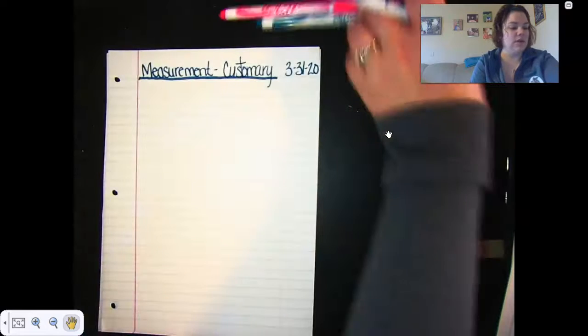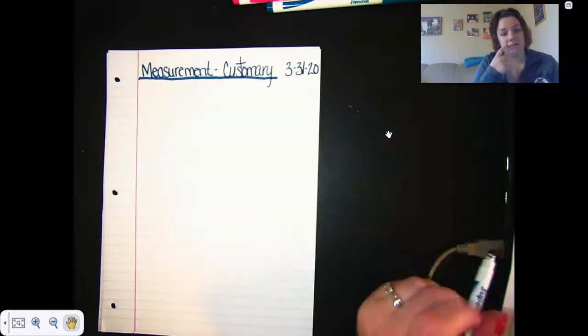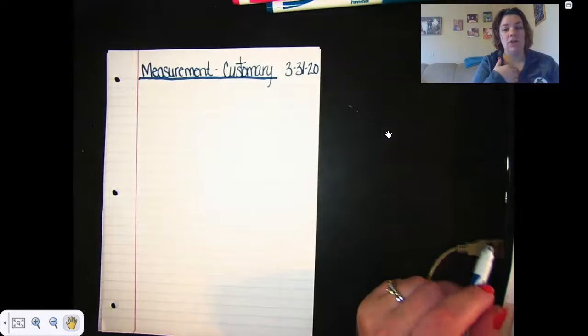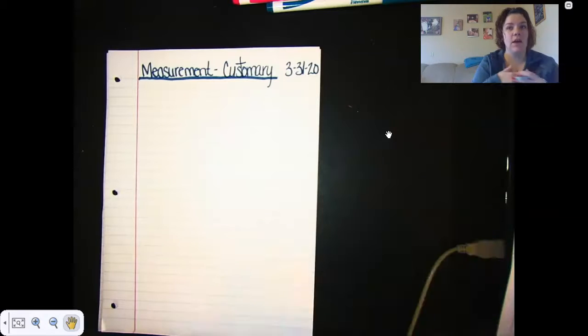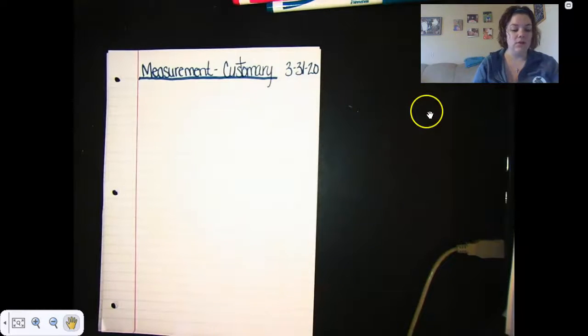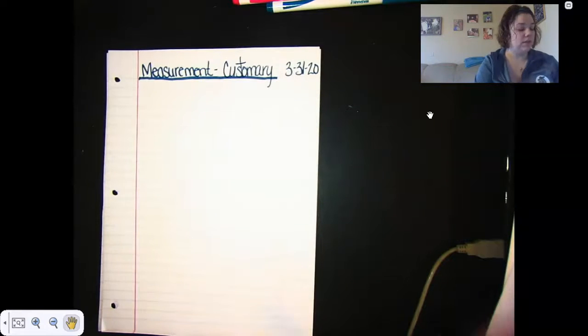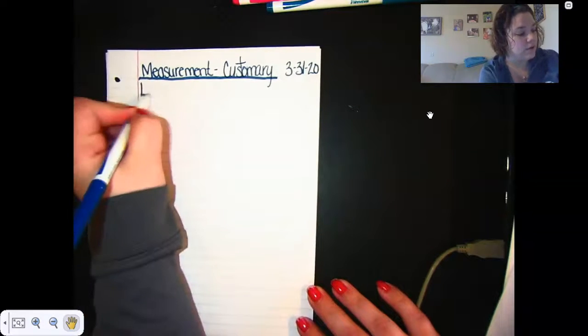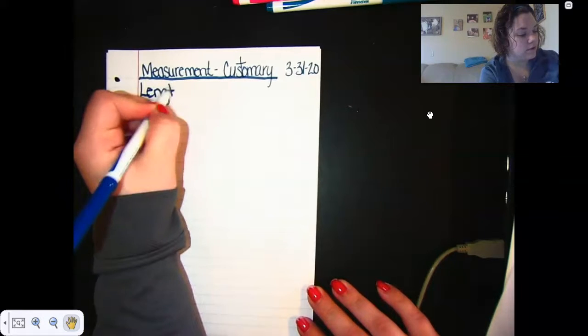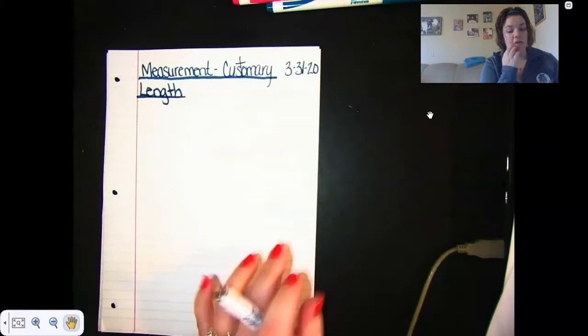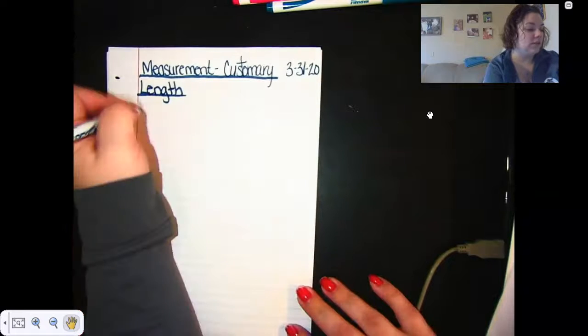All right, so we're going to be talking about measurement now. Today we're doing customary, and it's just going to be length. It's the length that we already know about, but this is called converting measurement. So we're going to go from feet to inches or inches to feet, miles to feet, miles to yards, all right? Today is just on length. So length, what does it mean?